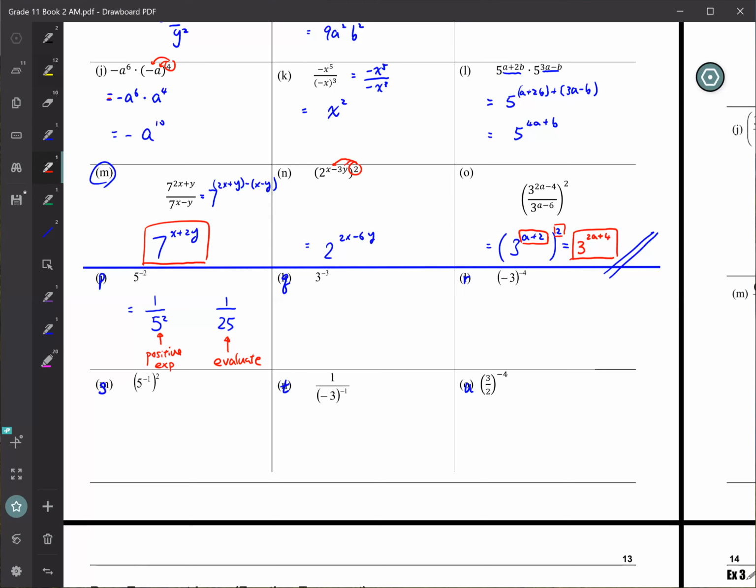It's quite tricky the way they word it in the textbook. So if they just say simplify, but do not mention positive exponent, then you need to continue. So two different answers depending on what they are asking.